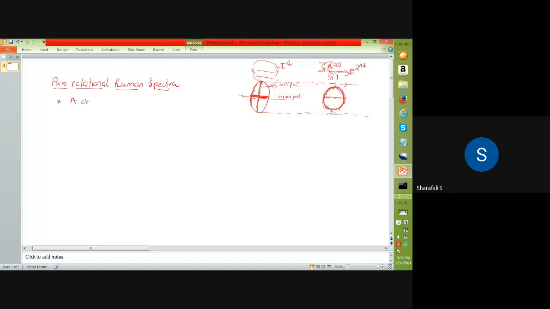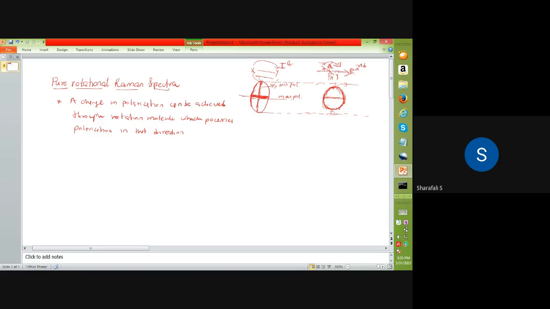A change in polarization can come from rotation of a molecule that possesses polarization in that direction.